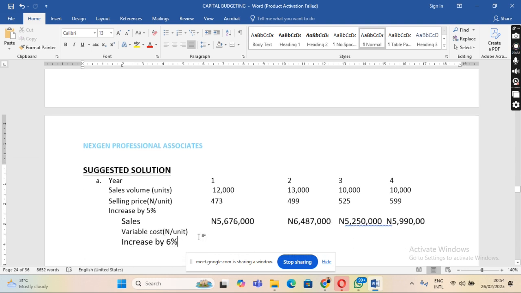What do you have quickly? By 6%. 276. Okay, 276. Next, what do you have? Check, they give you variable cost for each of the year.